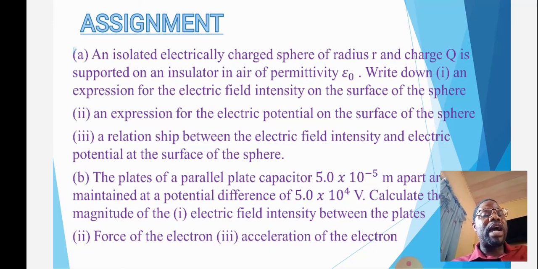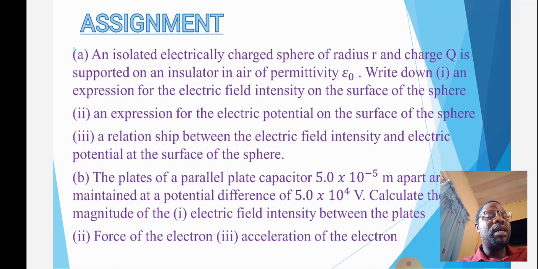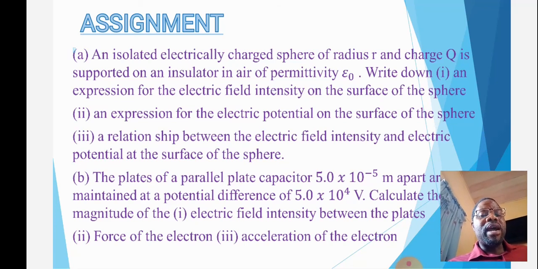Write down, one, an expression for electric field intensity on the surface of the sphere. Two, an expression for the electric potential on the surface of the sphere. Three, a relationship between the electric field intensity and the electric potential at the surface of the sphere.